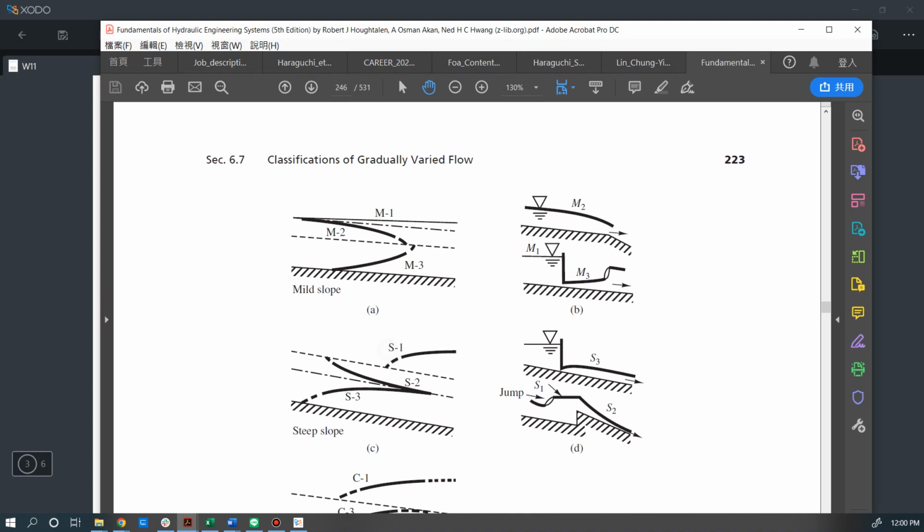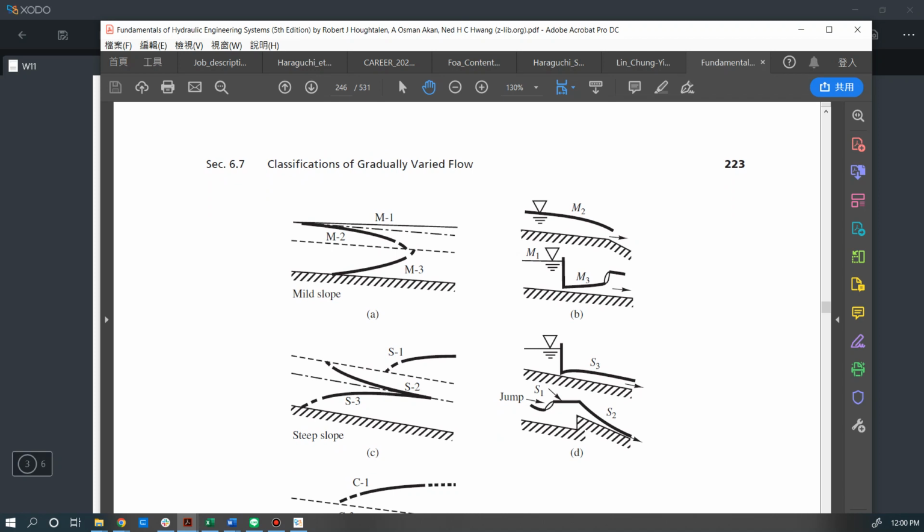We can see that we have three different M curves here, and because we know that the water depth at our control section is larger than the normal depth, among these three different flow curves, only M1 can result in a water depth that is higher than the normal depth. Okay, so it's this M1 curve.